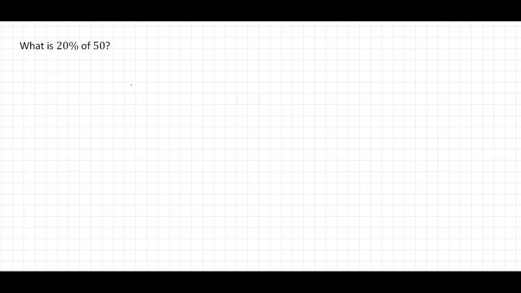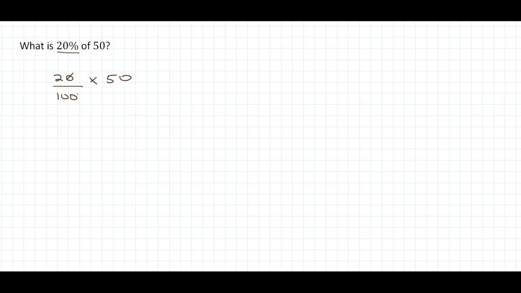So what is 20% of 50? First of all, I'm going to focus on 20%. That is the same as 20 over 100. And then you multiply by 50. So zeros in the numerator and denominator always cancel out, and that's only if the zero is at the end of the number. If the zero is in the middle of the number, that does not apply.